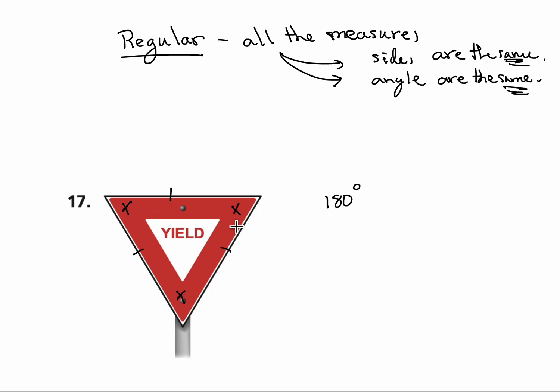And there are 3 angles, so we just divide by 3, which would be 60 degrees each. So I like to put that word each, especially when I'm trying to find the measure of each angle. Now, we can't determine what the side lengths are because we're not given any information, but we can figure out that angle measure for each one.